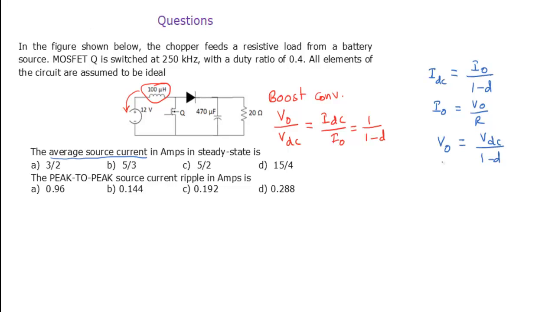So V0 equals VDC, which is 12 volts from the circuit diagram, divided by 1 minus D. D is 0.4, so 1 minus 0.4 is 0.6, and 12 divided by 0.6 is nothing but 120 divided by 6, which is 20.